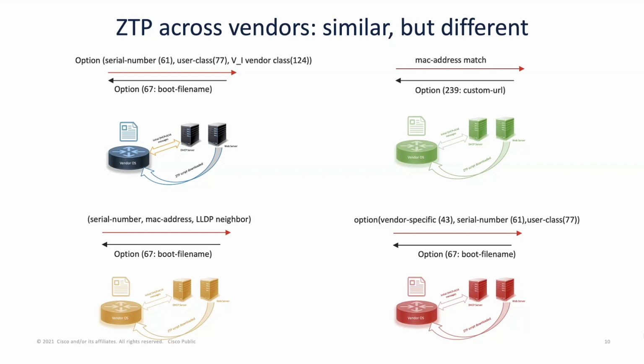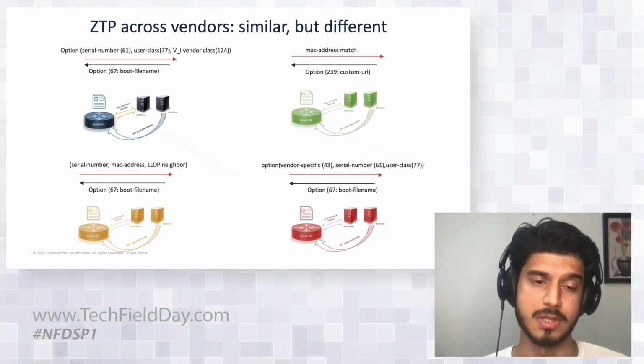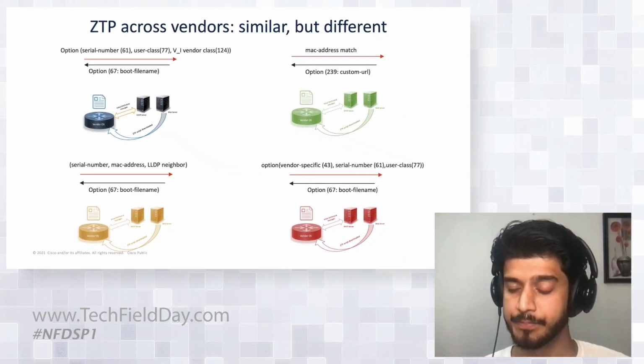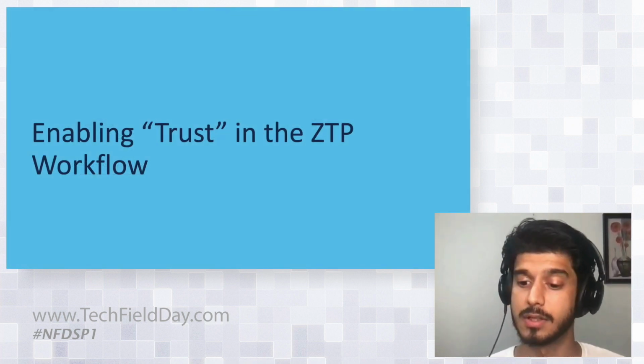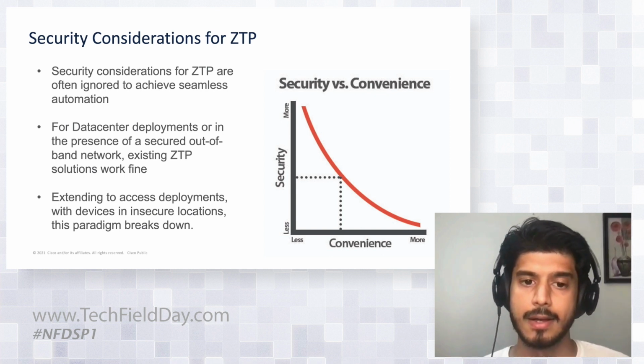You can basically go ahead and download complete malware, and except for a few checks, most of the devices would run it across vendors. There is no way for the device to trust the network today, nor does the network trust the device. And lastly, there is no standardization at all in terms of the DHCP options that are utilized. And that is precisely where we start thinking about enabling trust in the ZTP workflow.